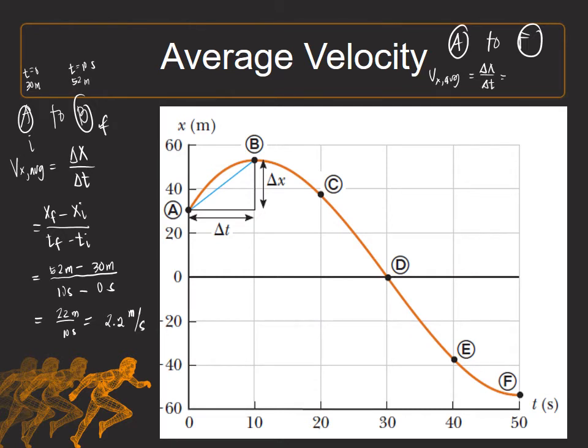What displacement did we get earlier from A to F? That is 127, right? If I remember correctly. So we don't have to compute again, since we already computed delta x, which is the displacement from point A to point F. Then we just divide by delta t. What is the time interval?